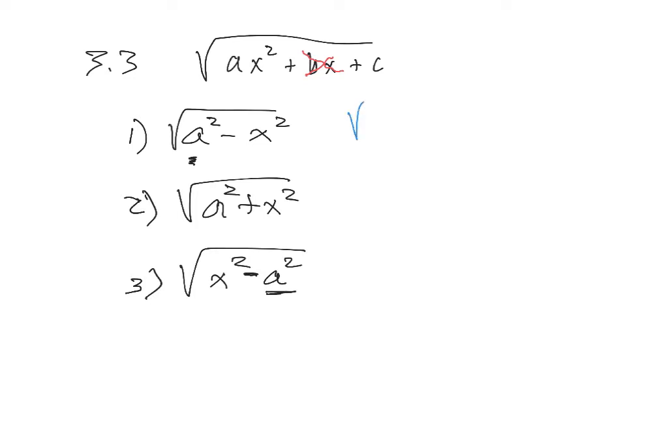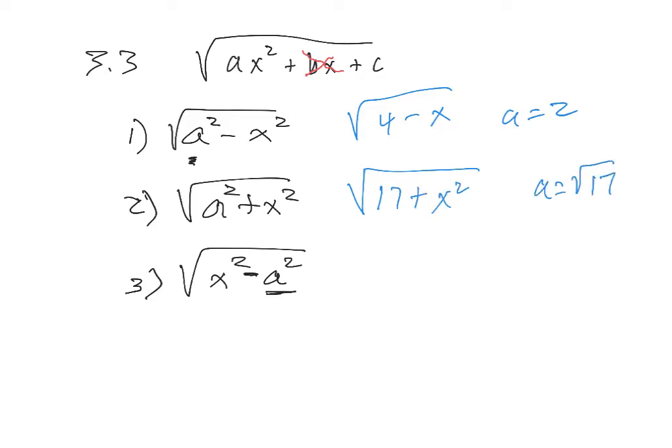I could have something like the square root of 4 minus x squared, and so a is 2. Or I could have the square root of 17 plus x squared, and then a is the square root of 17. Or I could have, in the third case, the square root of x squared minus 16. And so a would be 4.